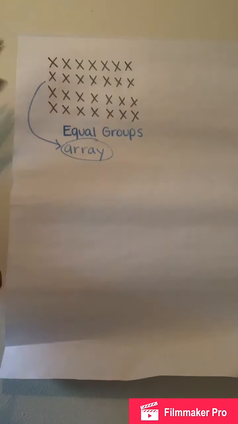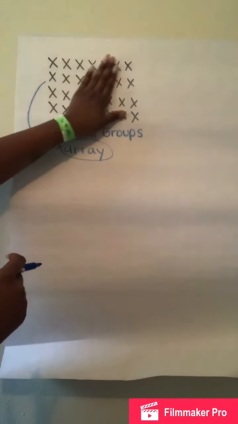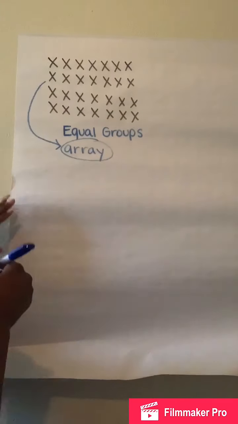So, now let's talk about this picture. What does it look like? We can describe it in rows and columns. We already said that it's equal groups. We can identify the numbers that are in each group. So let's talk about that. When I look at this picture, how many rows do I have?